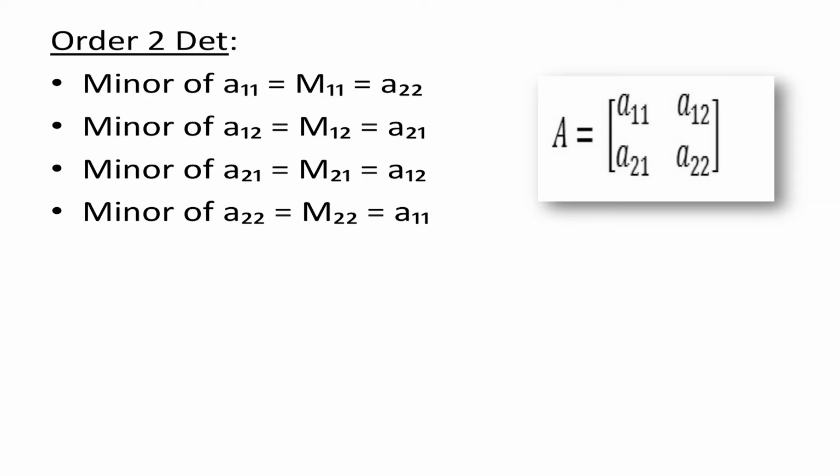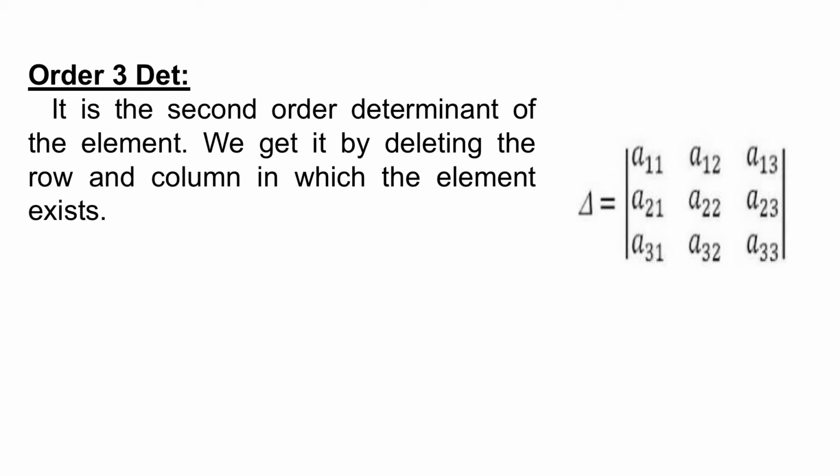All right. Now, how do we find the minors of an order 3 determinant? Let us go to the next slide. Here we have to convert this third order determinant to a second order determinant for the element that we are taking into consideration. On the right hand side of the screen you can see a third order determinant, with the elements numbered by position. A12 means row 1 column 2, A32 means row 3 column 2.